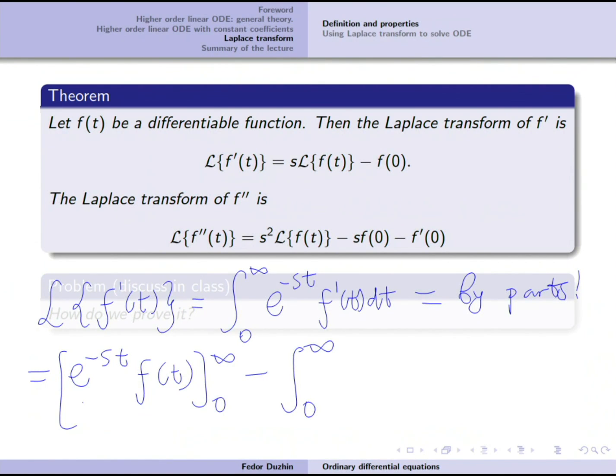We need to take the derivative of e to the minus st, which is minus s e to the minus st, times f of t dt.